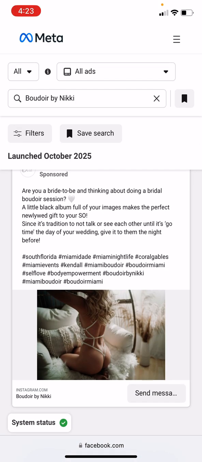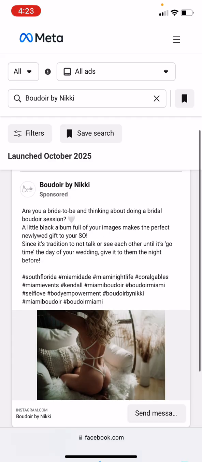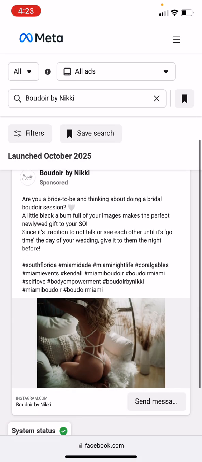I classify any boudoir ad that has more than 2 out of 10 mistakes as a broken down boudoir ad, similar to a broken down car. It's not working right. And where do we take a broken down car to get fixed? We take it to a car mechanic. Where do we take our broken down boudoir ads to be fixed? A boudoir ads mechanic. And I do have a boudoir ads mechanic offer to fix these mistakes.